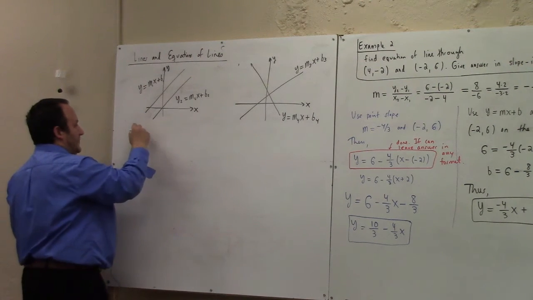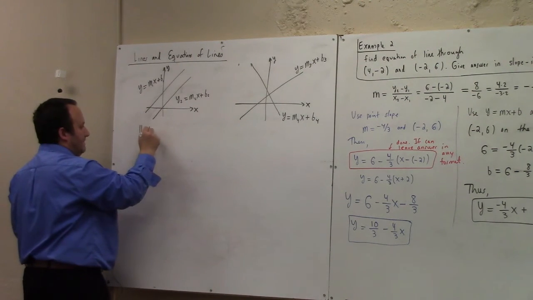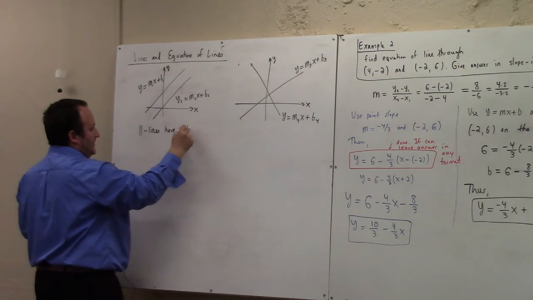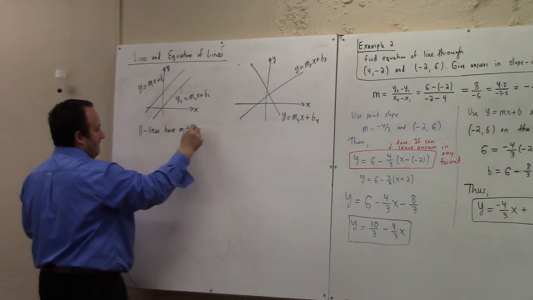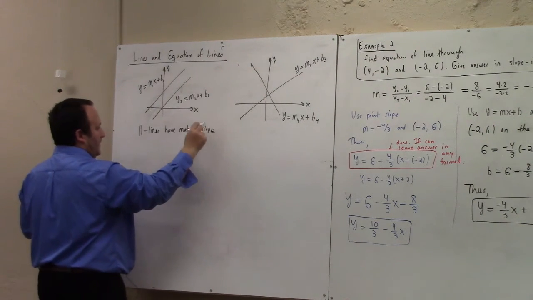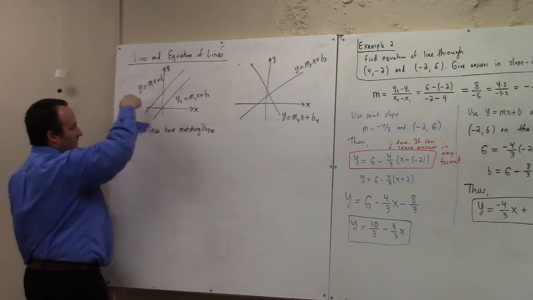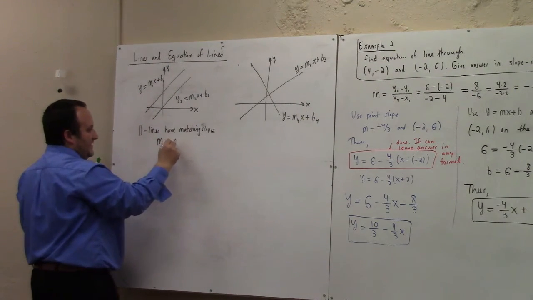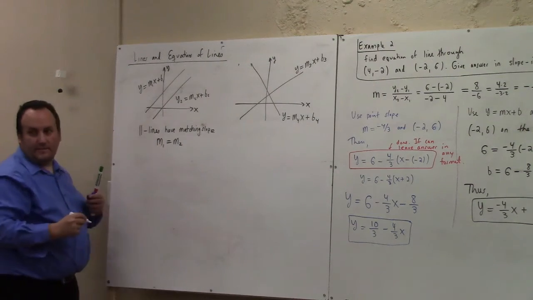So parallel lines have matching slope. In the language of what I have written up here, I'm just saying m1 equals m2. All right?